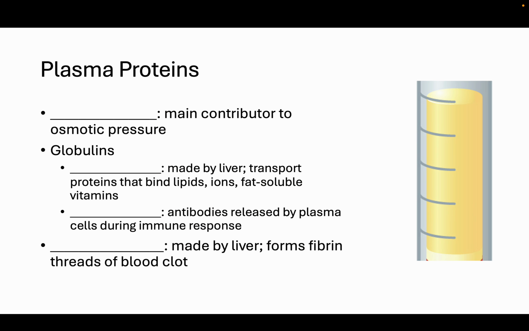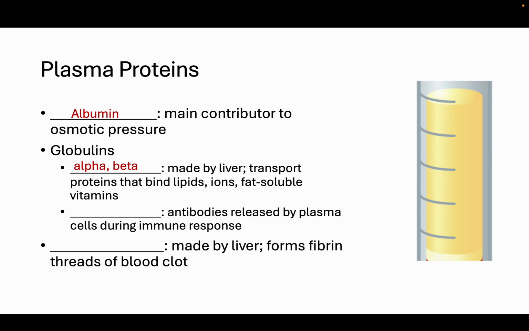Among the plasma proteins, albumin is significant because it is the main contributor to osmotic pressure. It accounts for 60% of the plasma proteins and is produced by the liver. The globulins account for 36% of plasma protein.